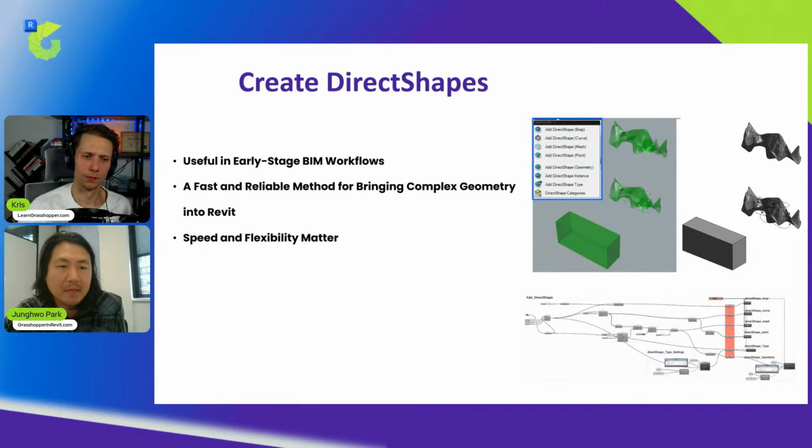But again, the main point here is a really fast and flexible workflow in the early stage, or for something complex that you don't want to put too much effort into, but simply document it, putting in dimensions. You can put dimensions, annotations, and you can also tag it. These are all possible, as well as spot elevations and spot coordinates. You can do all of it because it has an ID.